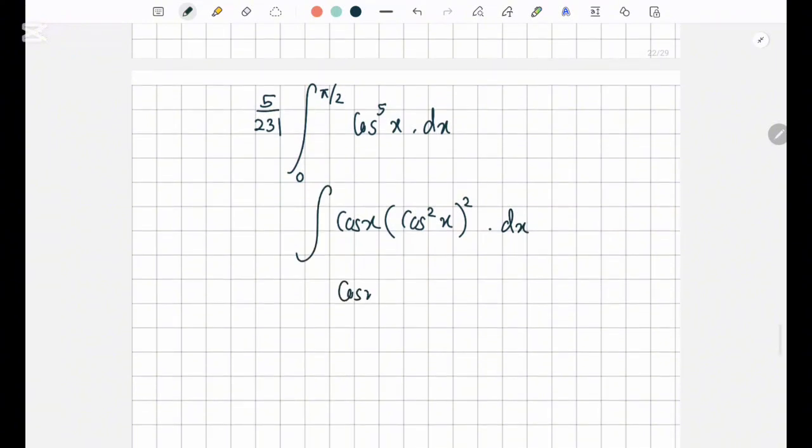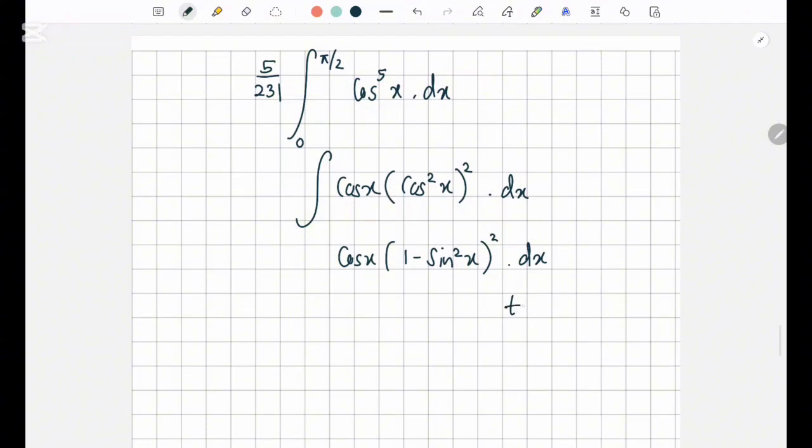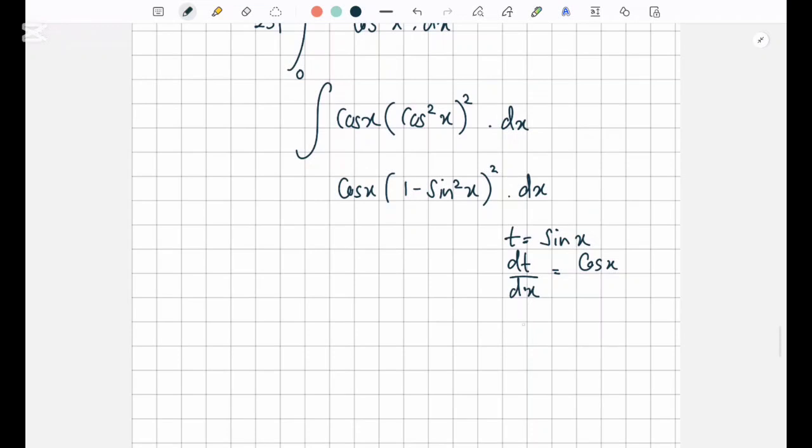So now you can write cos x into 1 minus sine squared x to the power 2. Now you take a substitution of t equals sine x, dt over dx equals to cos x. Okay, so dt over cos x equals to dx.